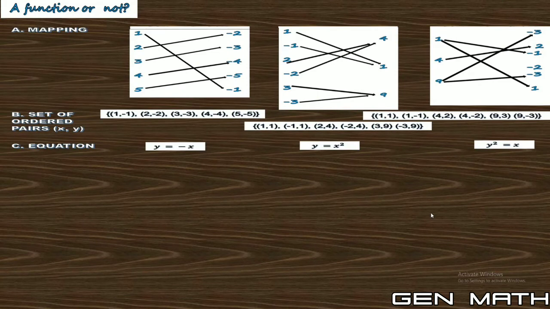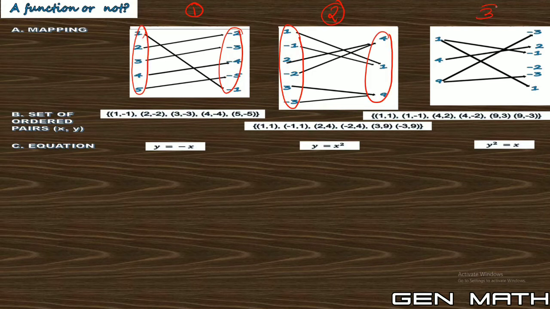Now let us learn how to identify if a given relation is a function or not. If the given is a mapping, we look if each element of the domain is mapped to one element of the range. For our first example, observe that each element of our domain is mapped to only one element of our range. In our second example, we can also observe that each element of the domain is mapped to only one element of the range.